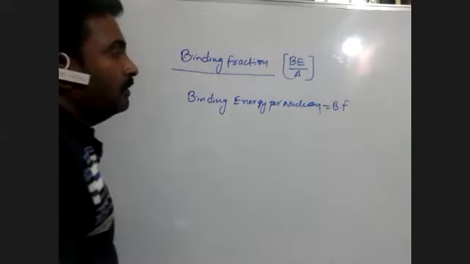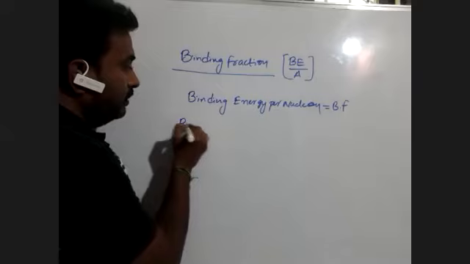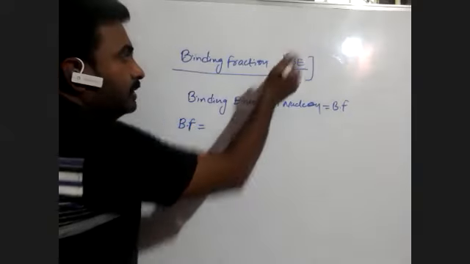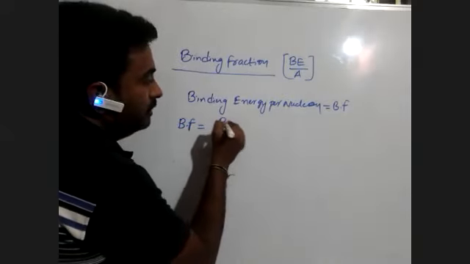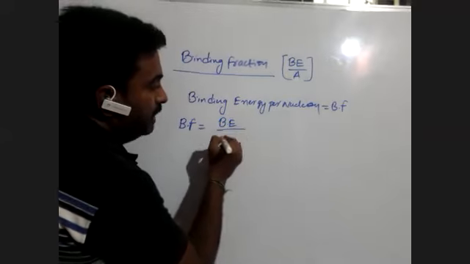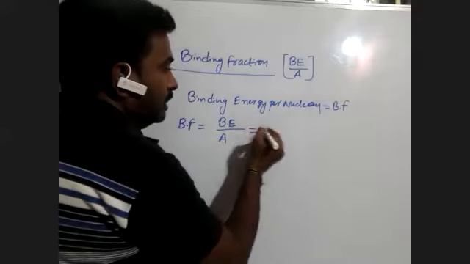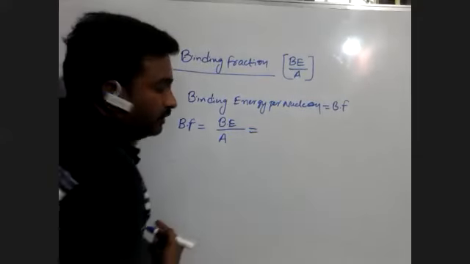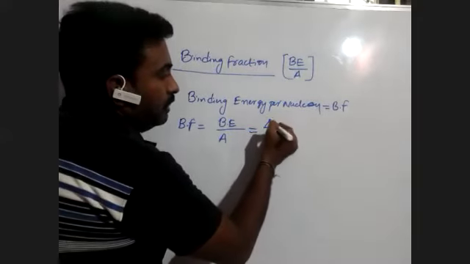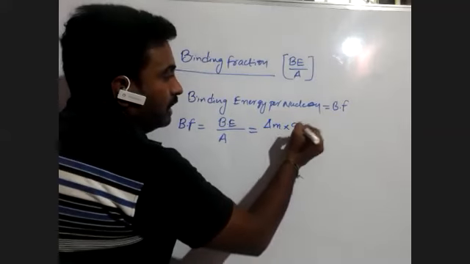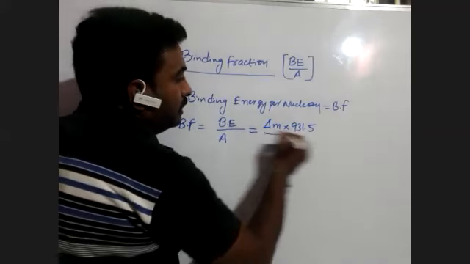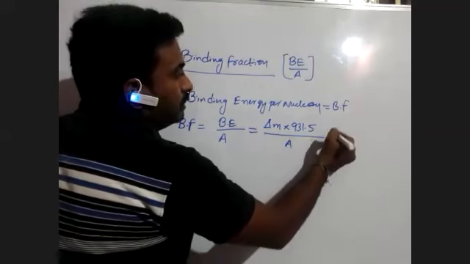So here we will calculate binding fraction. What is the formula? Whatever I have written here: binding energy by mass number. What is binding energy formula in terms of mass defect? Mass defect into 931.5 MeV, divided by mass number.